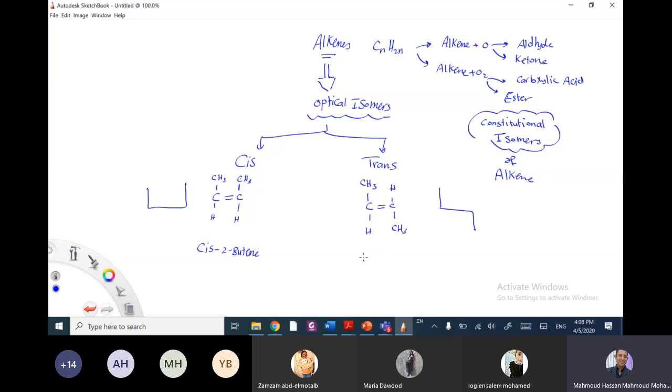This is called trans-2-butene. What is the difference? They differ in the arrangement of the atoms at the two sides of the double bond. They differ in geometric structure, orientation in space, and deviation of the light. So it is about the isomers, the two types of isomers, constitutional isomers and the optical isomers. It is our lecture today.